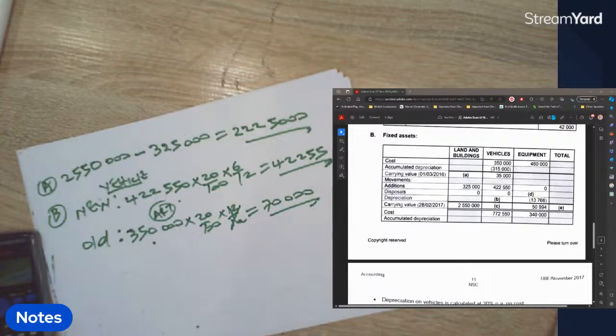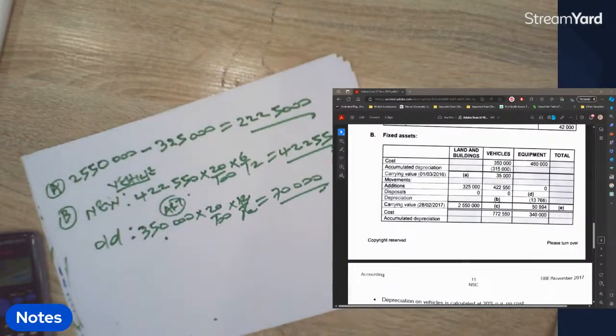Now you have 70,000. And then the carrying book value is 35,000. So you can see that there's something wrong here. Our depreciation is 70,000, our carrying book value is 35,000. So what are we going to do now? We have to minus 1.